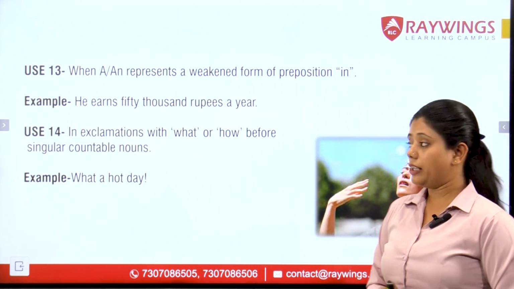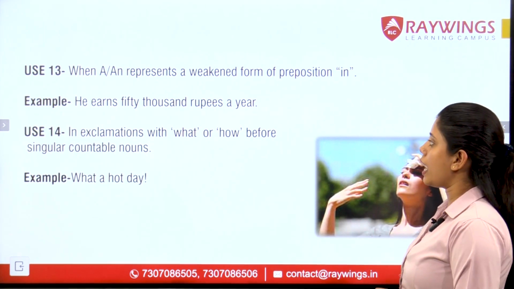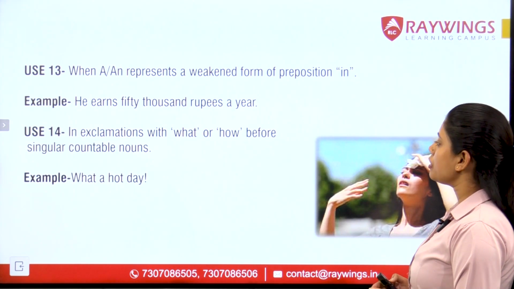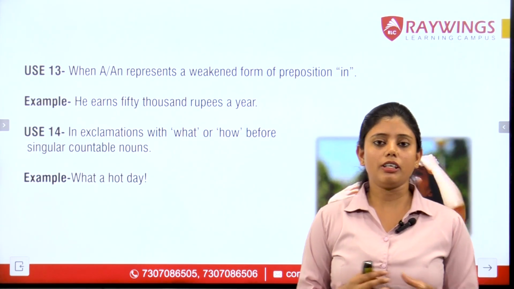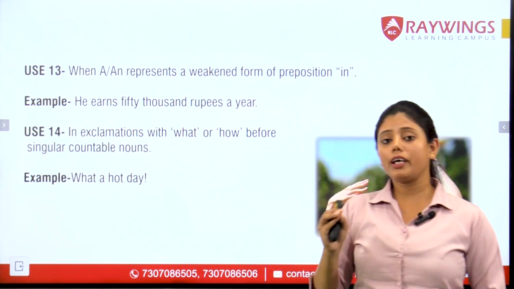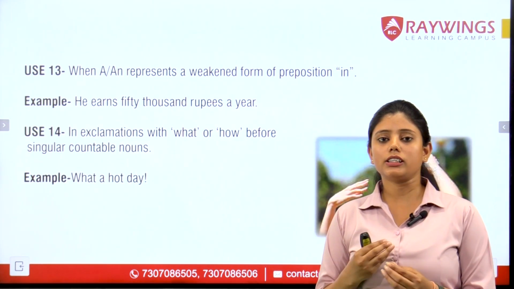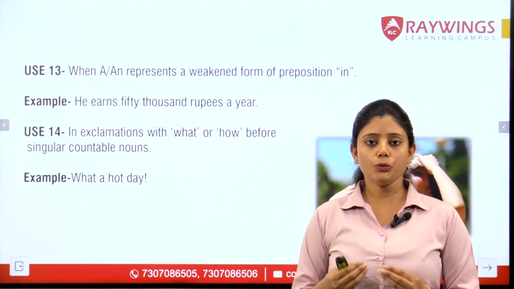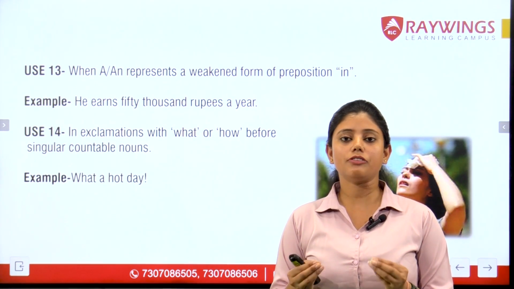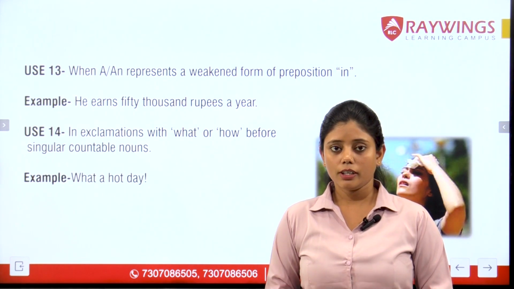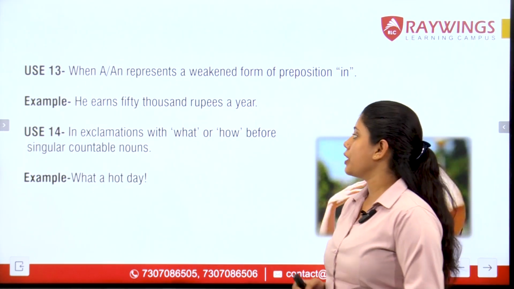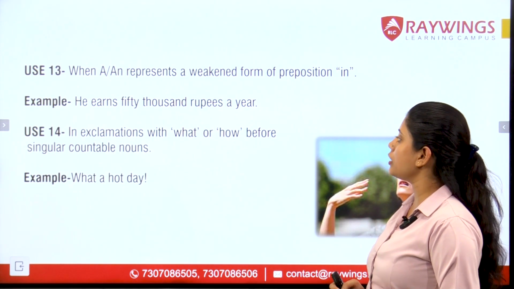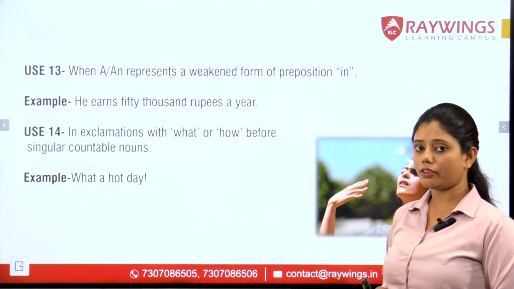Now the next rule says, whenever a and an represent a weakened form of the preposition in. I'll give you an example and then we'll understand this point. It is saying that we will use article a or an to represent a weakened form of the preposition in. Right? What does that mean? Let us understand with an example. He earns 50,000 rupees a year.